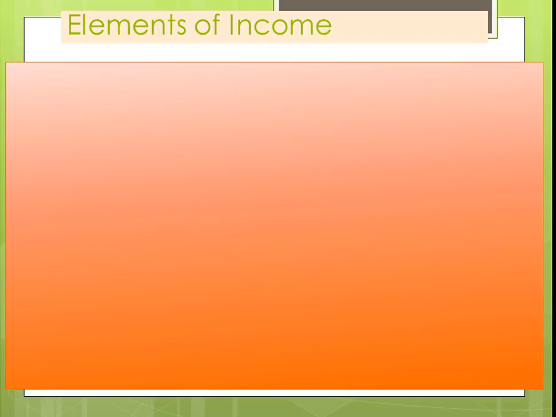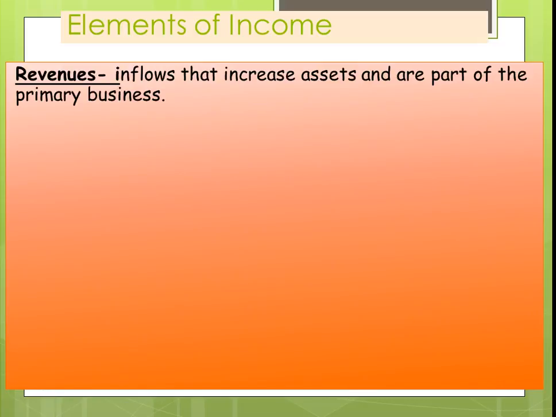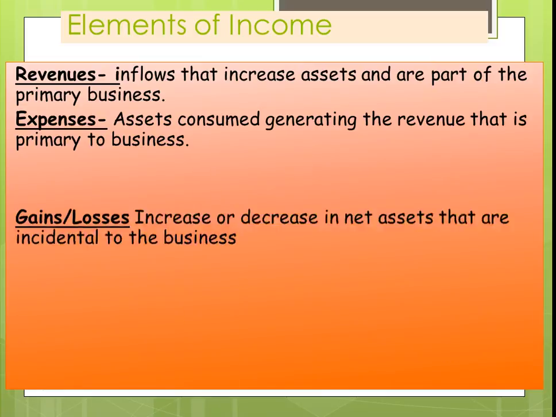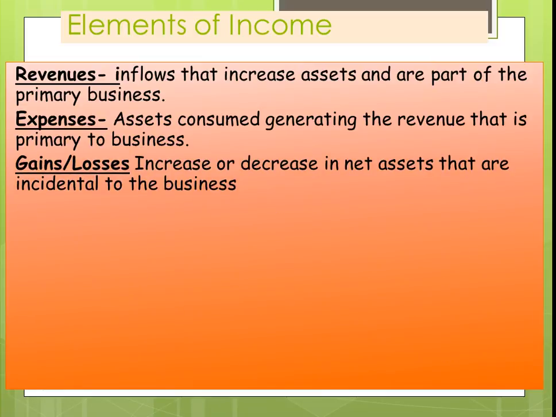First, you need to understand what are the elements of the income statement. We have revenues, which are inflows that increase assets on our part of the primary business. We have expenses. These are assets consumed generating the revenue that is primary to the business. Gains or losses increase or decrease in net assets that are incidental to the business.